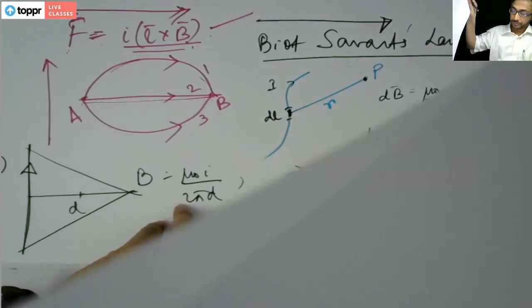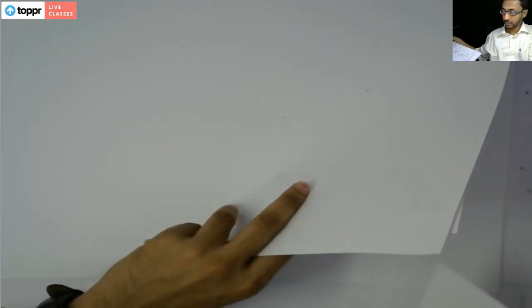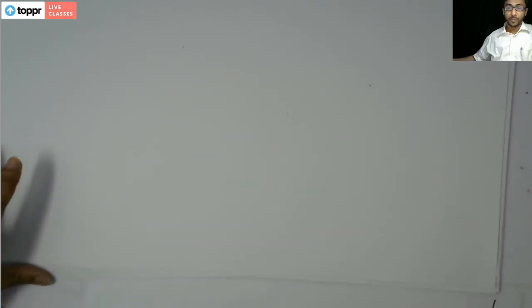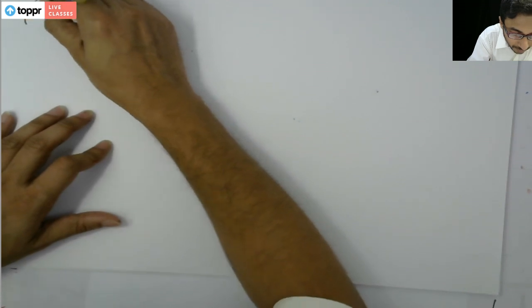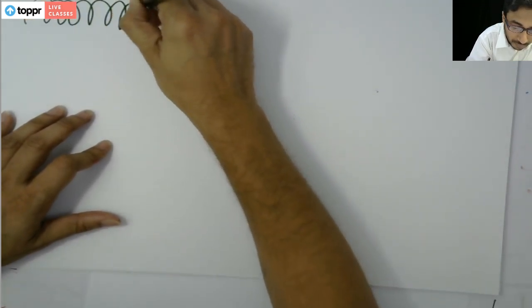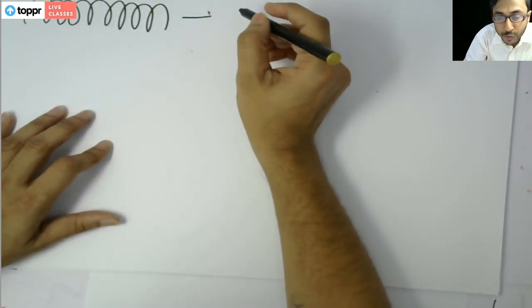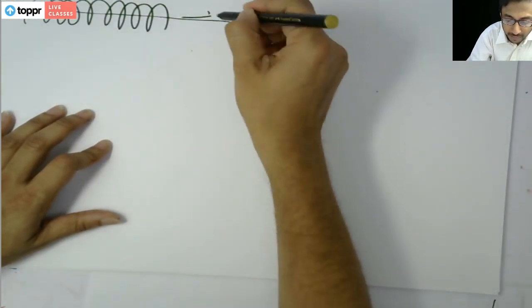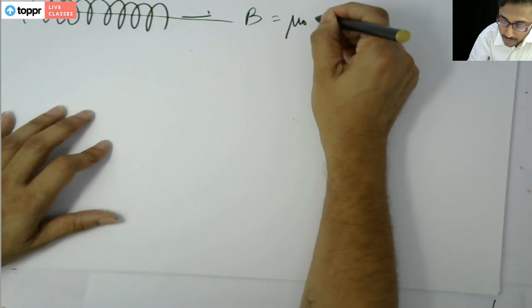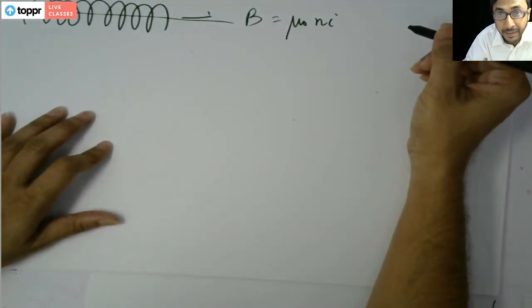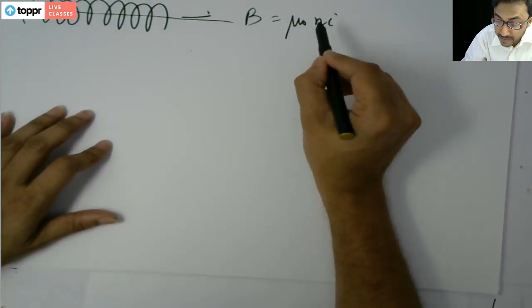Now, what will happen for a solenoid? For a solenoid, it can be found that B through the center is nothing but mu0 n I. Now see, this is small n.